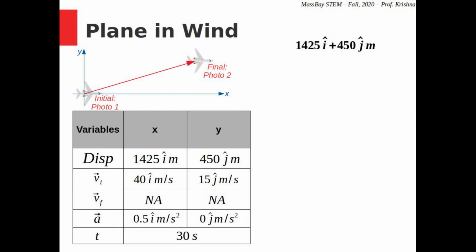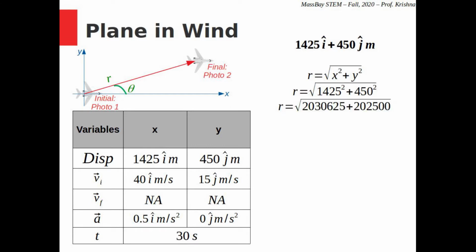Notice that this is a vector in Cartesian notation. We can convert this into polar notation. We use the Pythagorean theorem to find the displacement. It is 1,496.36 meters.